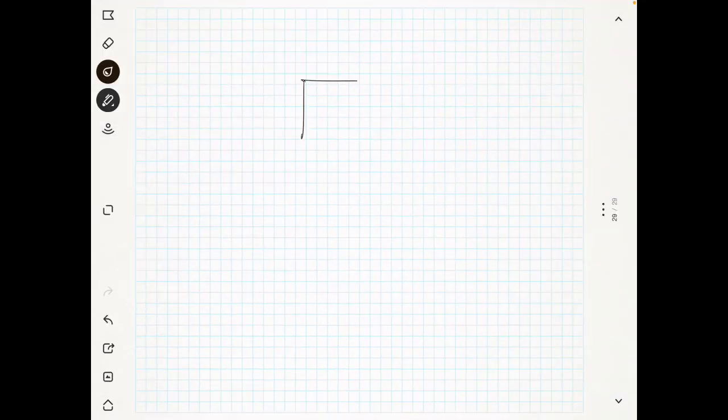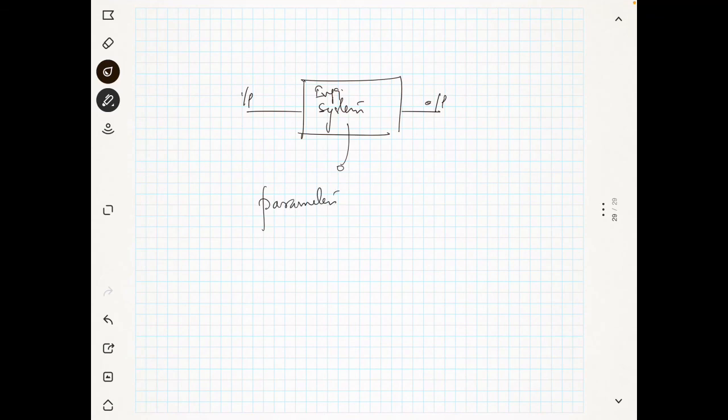So if you are analyzing an engineering system which has some input and an output, and it has a lot of parameters inside the system, and suppose these are random in nature, that means these are random parameters.